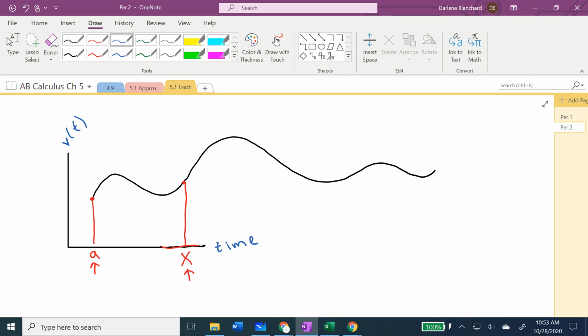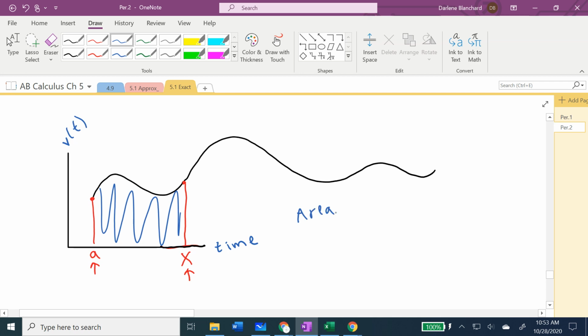I am getting that the area is equal to my displacement, my position at some time x minus my displacement at some time a.